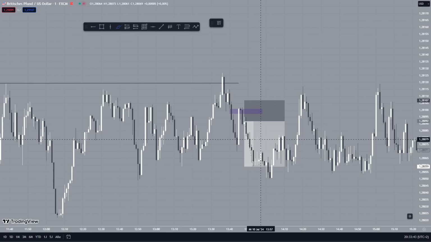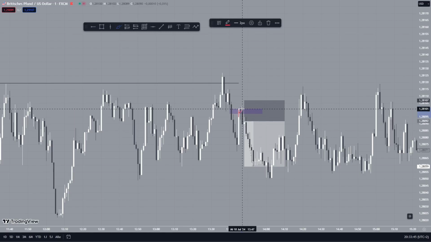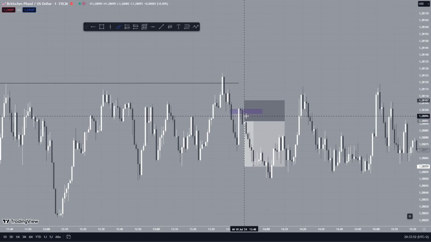You don't want price to stay around too long in that fair value gap. You want to see one, two, three candles to react. One candle is always the best, when only one candle goes into that and reacts, but this is still okay.